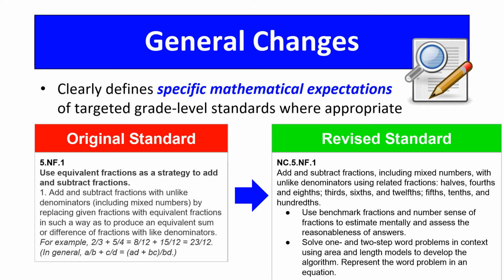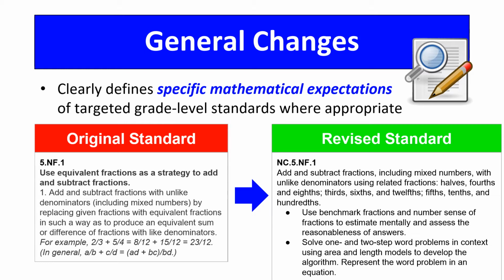In some cases, the expectation of a standard is more clearly defined. An example of a specified expectation exists in 5th grade. Previously, students added and subtracted fractions with unlike denominators with no specific limitations. Now 5th graders add and subtract related fractions only.